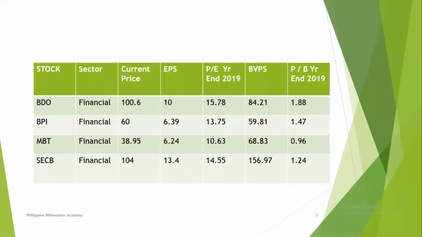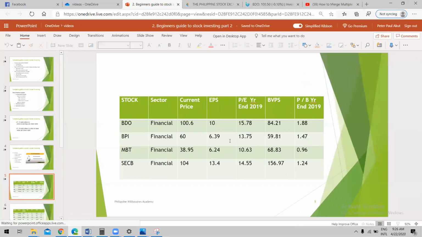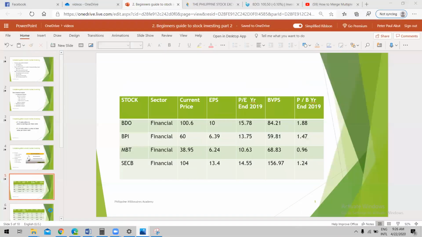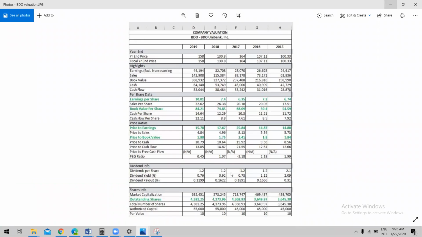Just go to your broker and look at their research menu and you will see the financial valuation of the company. So for example, for me, I have taken this from my brokerage.